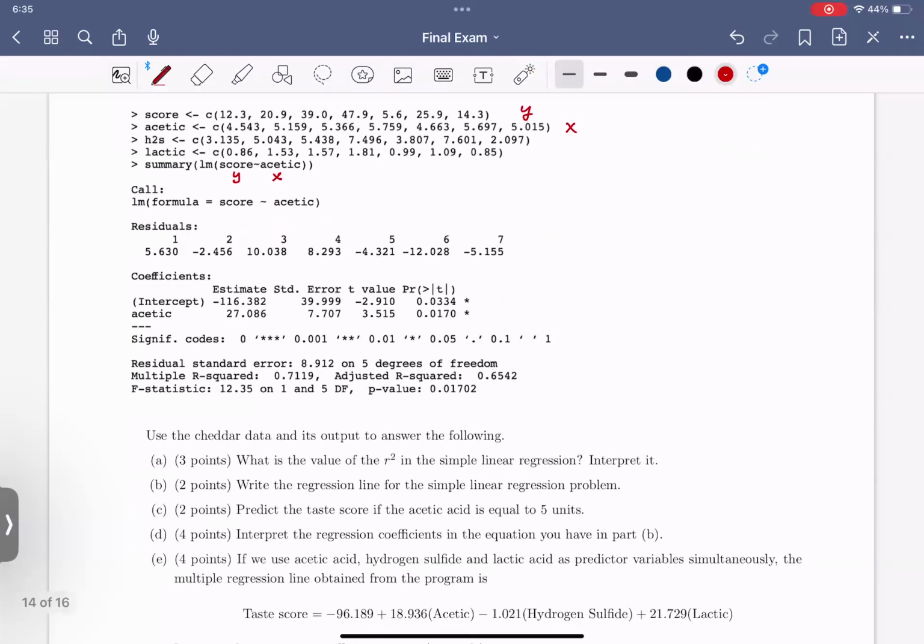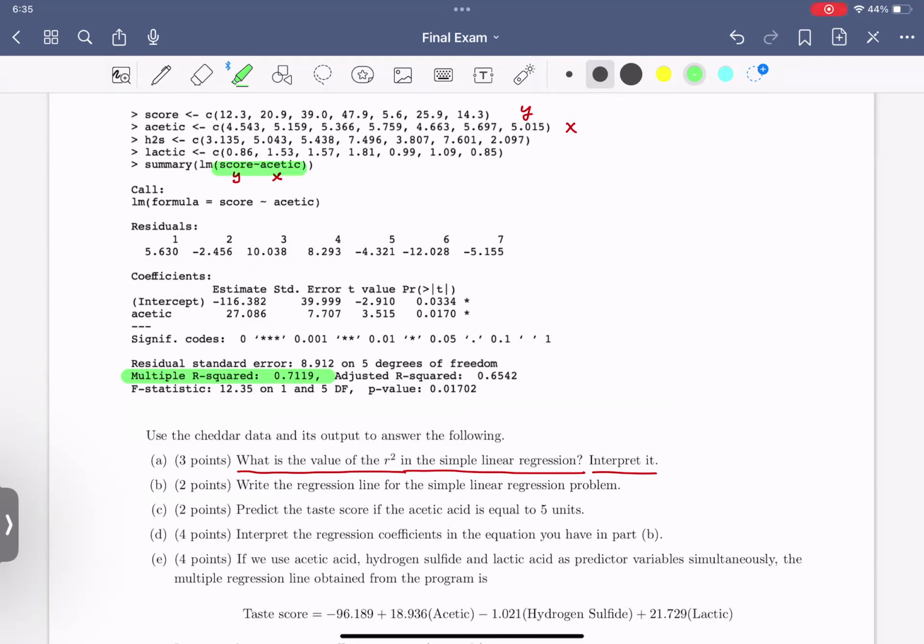So question A, how is the value of the R square in the simple linear regression interpreted? So what is the R square here? You can see that the R square you get is here. That is the R square for the simple linear regression between score and acetic.